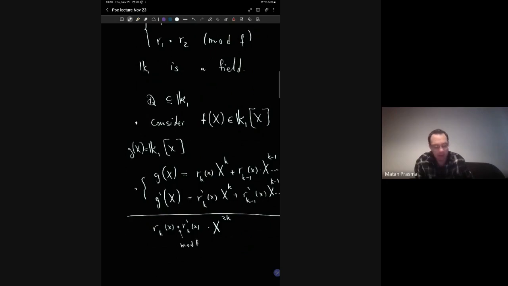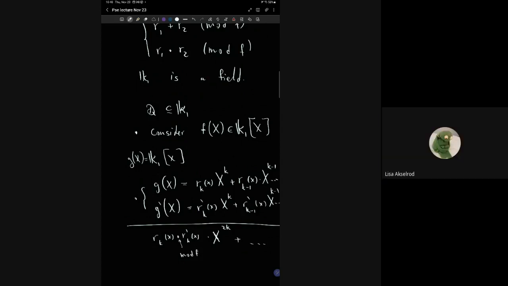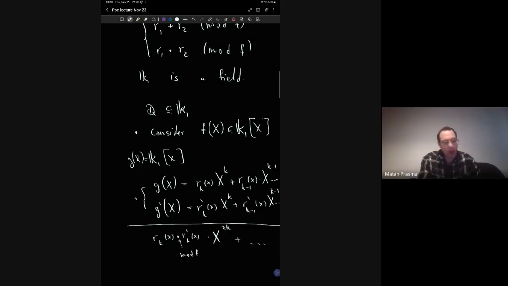Is this clear? Of course, there are many other terms here. Okay, so this is, if you want, like a polynomial whose coefficients are polynomials modulo f. So modulo f just means divided by f, like long division by the polynomial f. Yes, I mean modulo f.